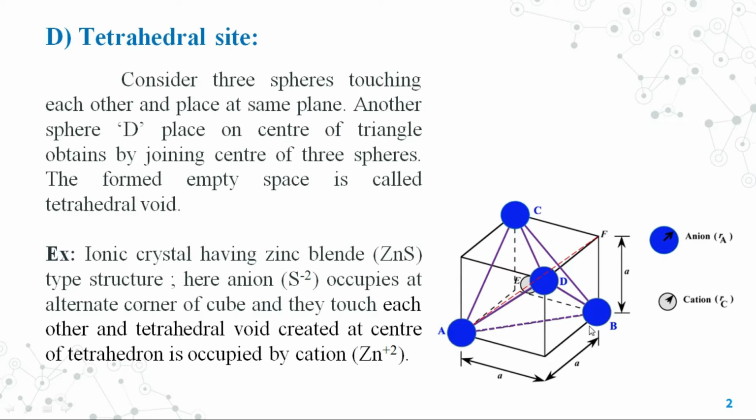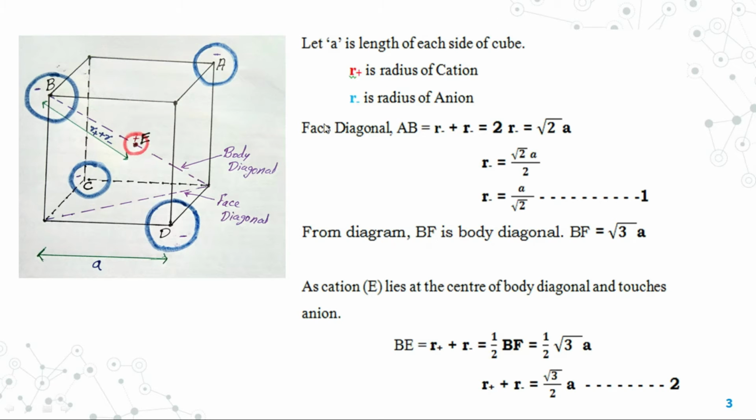So in this diagram, the blue balls indicate the sulfide anion, and the tetrahedral void created is occupied by the zinc plus 2 cation, which is represented by the gray ball. So let us consider this tetrahedral structure and calculate the radius ratio in this particular case.